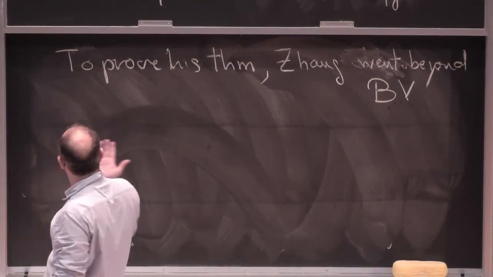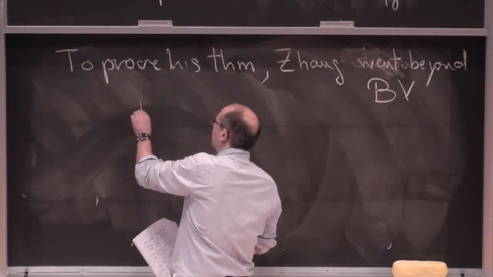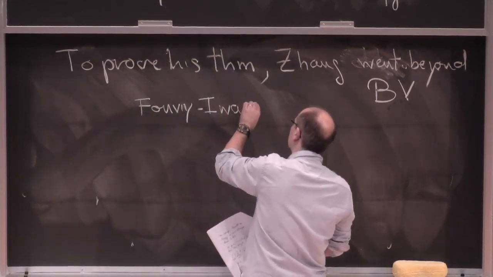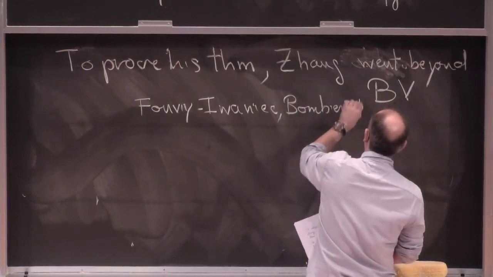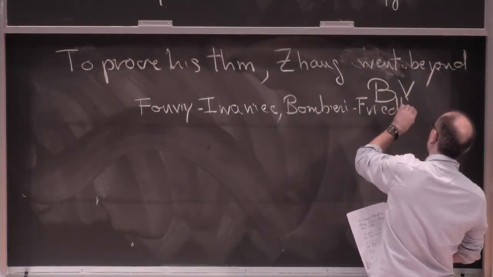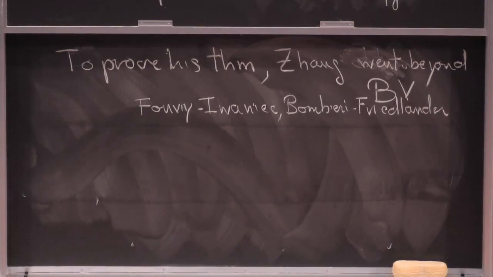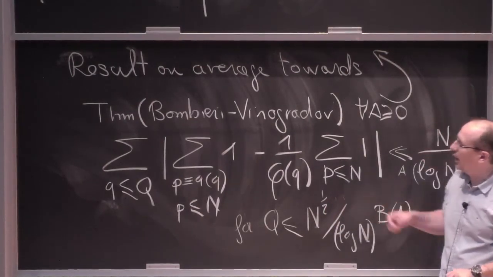And I should say that before Zhang's theorem, there had been some work by Fouvry, Iwaniec, Bombieri, Friedlander from the 80s, which also went beyond this 1/2. So the methods there are very different and will be explained in the course of Jan Petro. So one could go beyond 1/2.